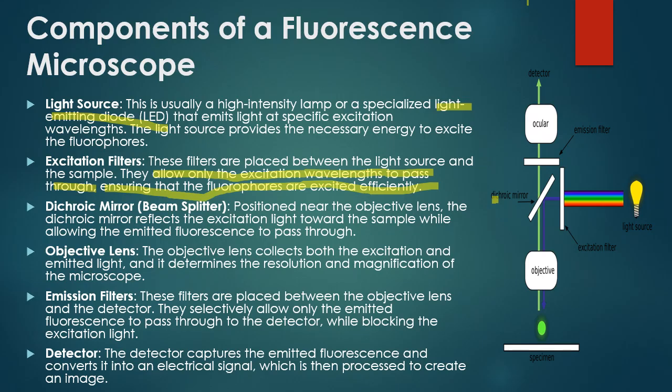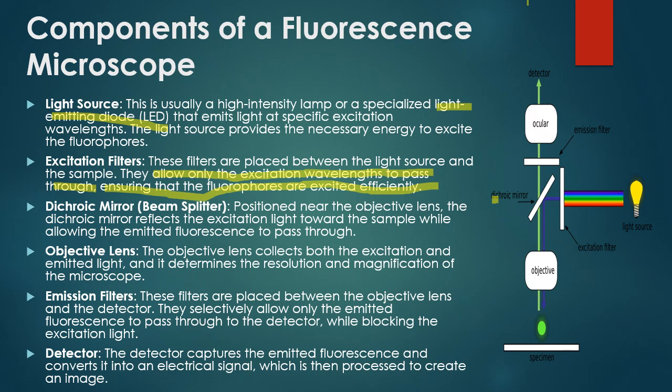So it has both roles: it sends the excitation light to the specimen and allows the fluorescence light to pass through to the detector. It takes one wavelength of light and reflects it, and passes another wavelength to the detector, hence we call it a dichroic mirror.